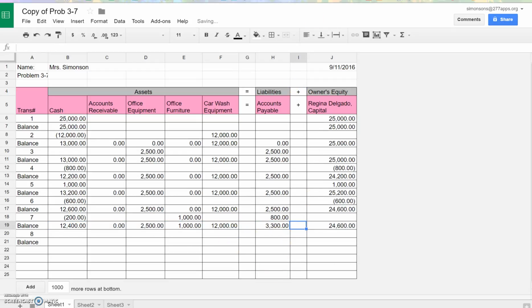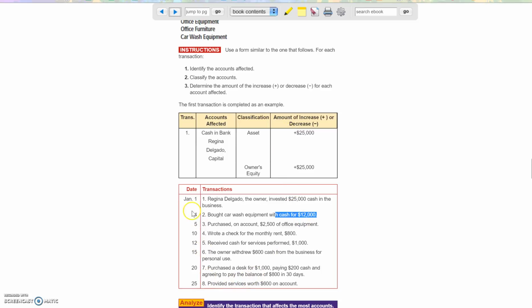All right, our final transaction, number 8, says that on January 25th, we provided services worth $600 on account. So providing services means we had a revenue transaction, and instead of receiving cash, we're going to get that eventually. That's going to be an accounts receivable.